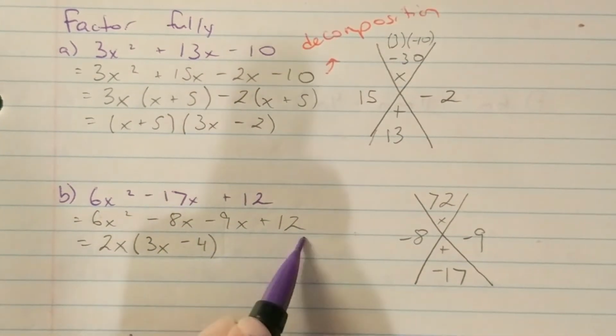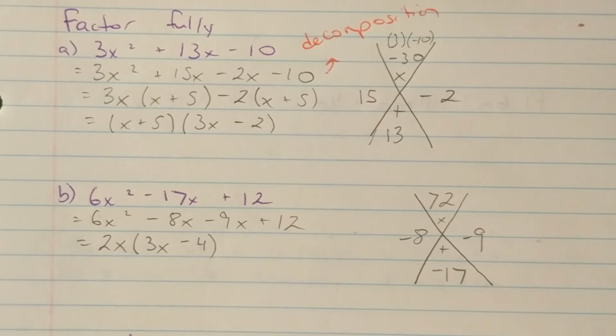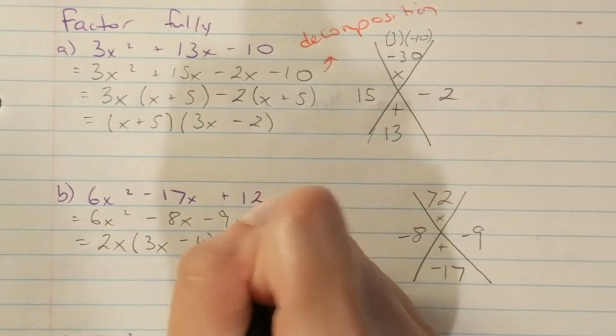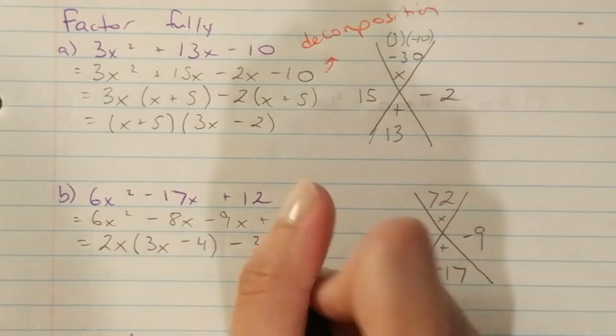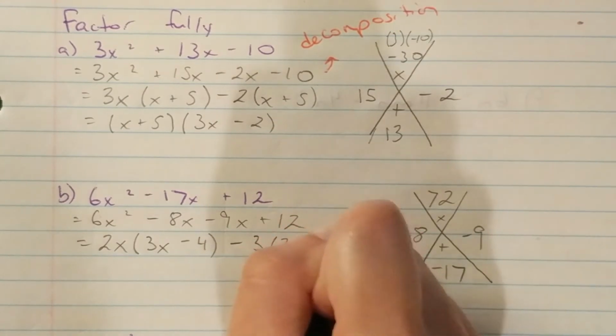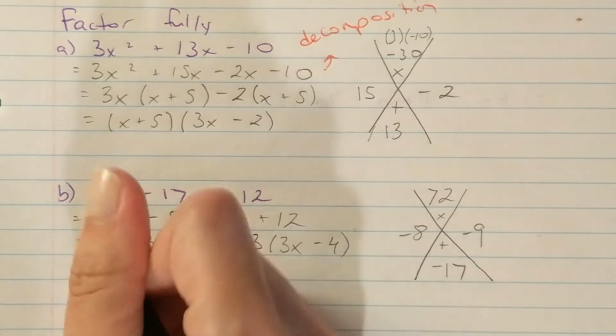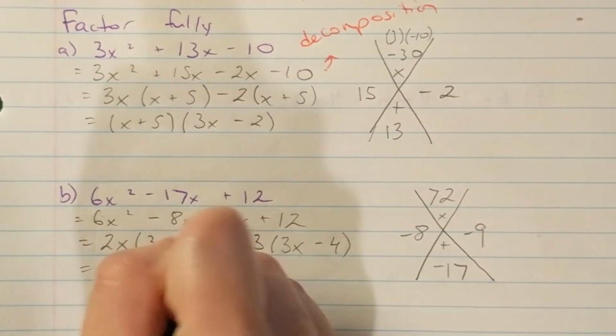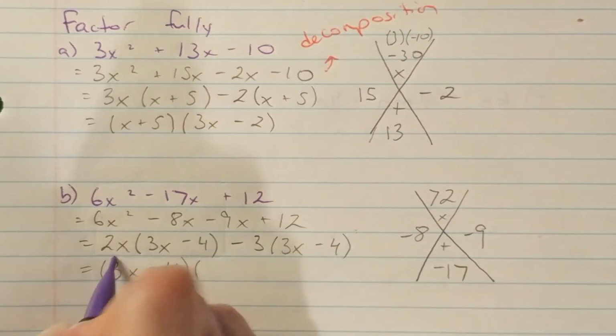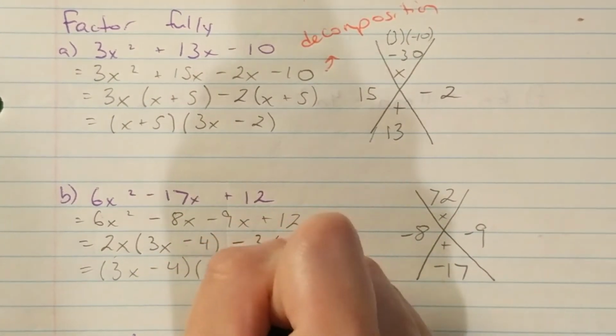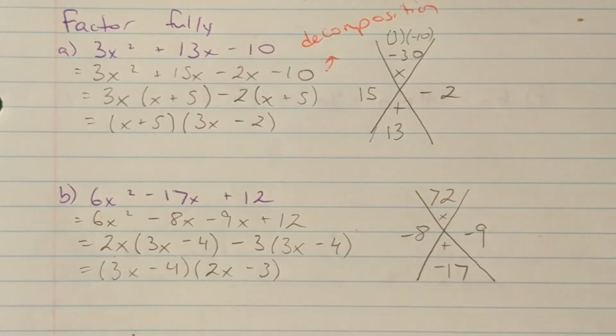Once again, from the second two terms I'm going to factor out a negative 3, leaving me with 3x minus 4. Okay, I common factor out my 3x minus 4, and I'm left with 2x minus 3.